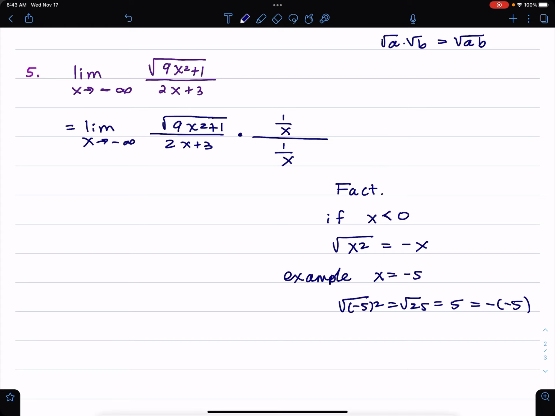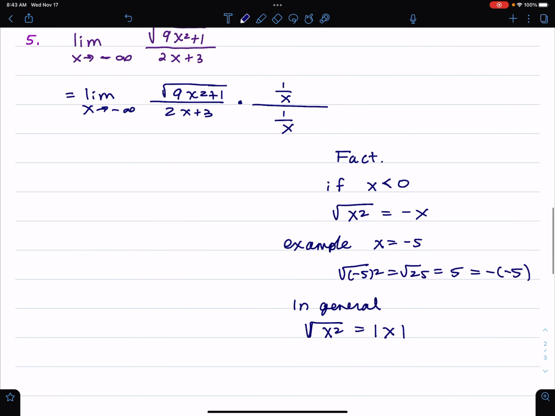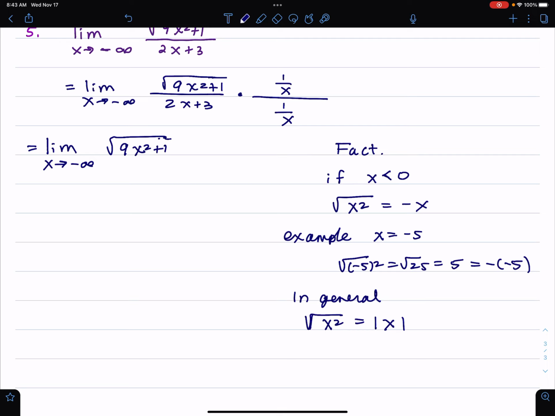In general, the square root of x squared is equal to the absolute value of x. That's the general idea. But for this one, when I multiply this here, what I'm saying is that the square root of x squared is equal to negative x, which is the same thing as, multiplying both sides by negative 1, negative radical x squared is equal to x.